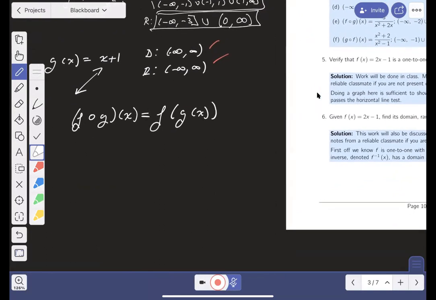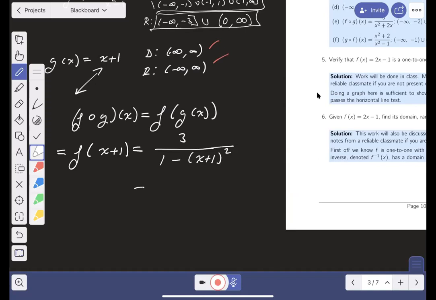Someone said, I don't even remember what g is. Well, it's written down, so I'll write it down for you. It's f of, what's g? X plus 1. And again, if you can't remember, look back. You'll see it. It's written down. What is f? It's 3 divided by 1 minus the argument squared. Well, I want to do that for you.